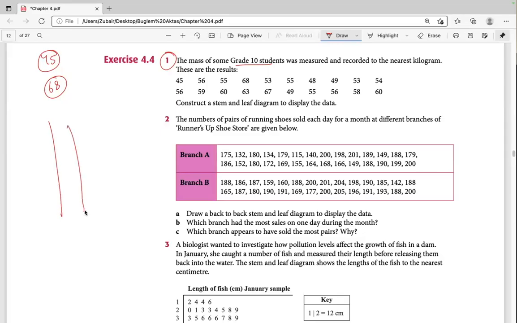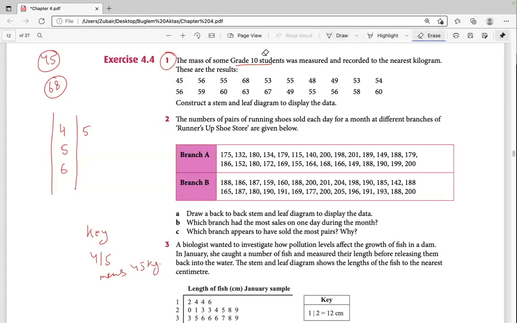Will we ever discuss like 10 kgs, 25 kgs, 30 kgs? So looking at this data, we now have the idea that we can have our stem from 4 to 5 to 6. If I just look at this first number, I'm writing this 5 and I'm giving this key that 4|5 means 45 kgs.